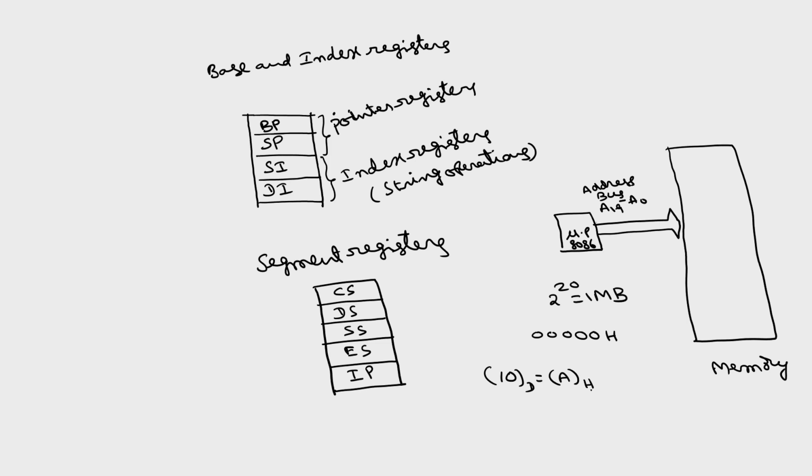This D stands for decimal, this is hexadecimal. 11 is B, 12 is C, 13 is D, 14 is E, and 15 is F.